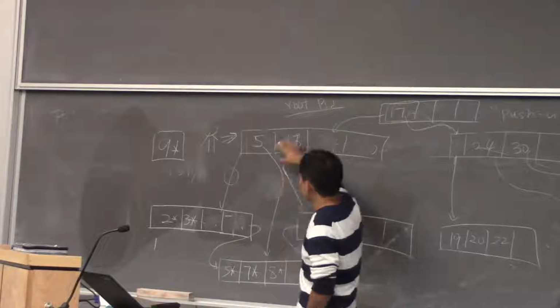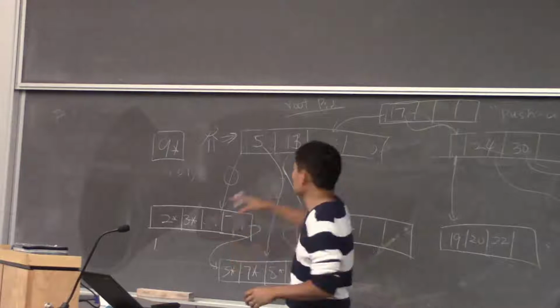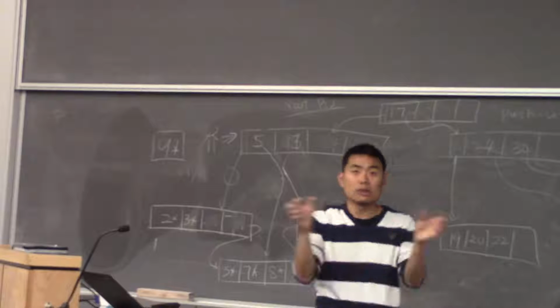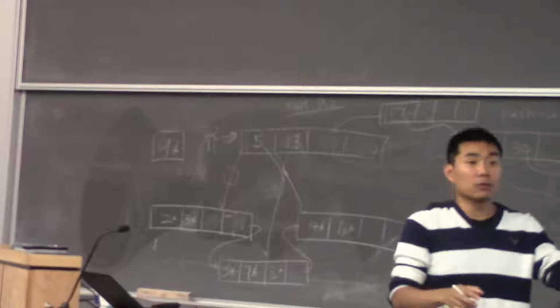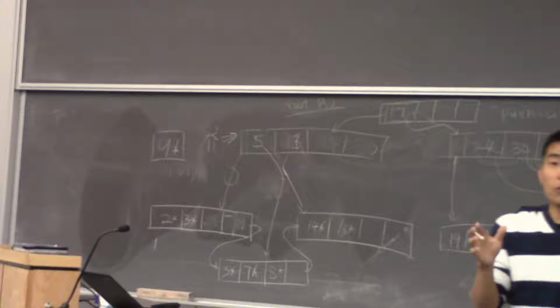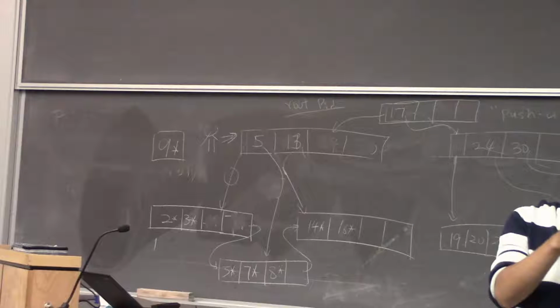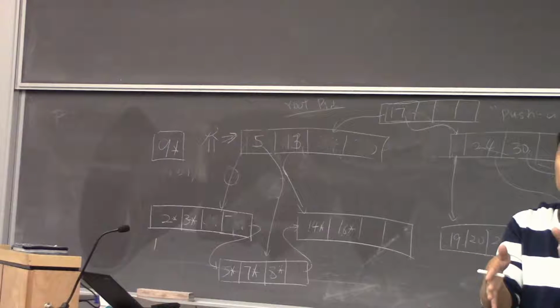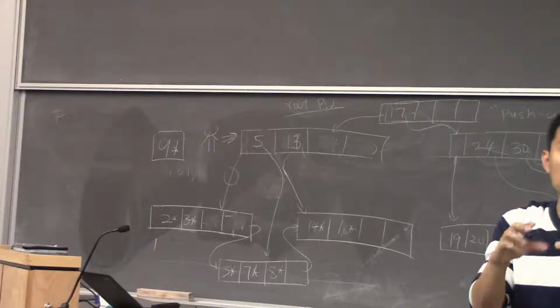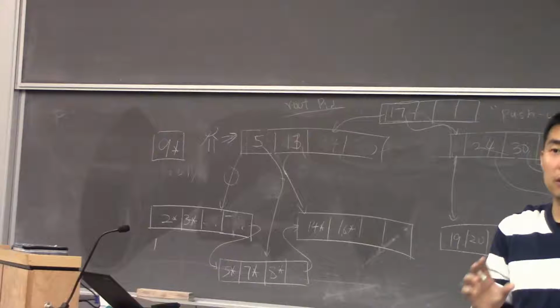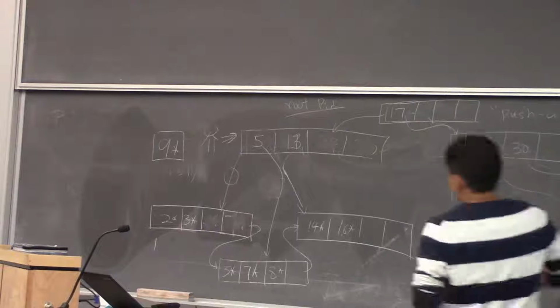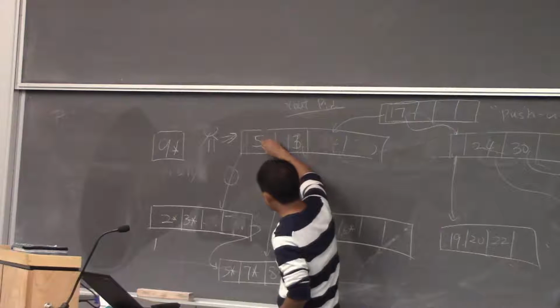What happens is you call the insertion function on this node. There's an insertion function defined for each node of the tree. What you do is you find the right pointer to follow to the level below, and you call the insertion function on the node below you. For example, for 9, I should call the insertion function on this node.